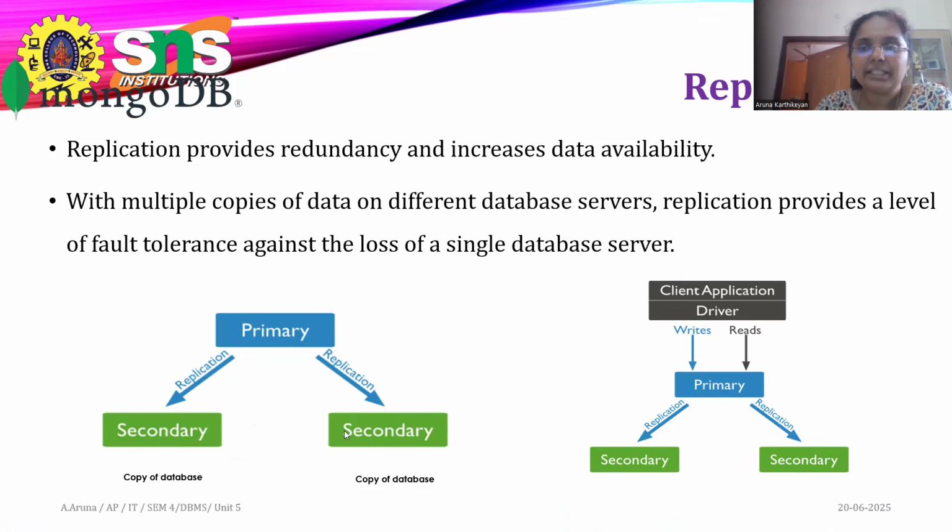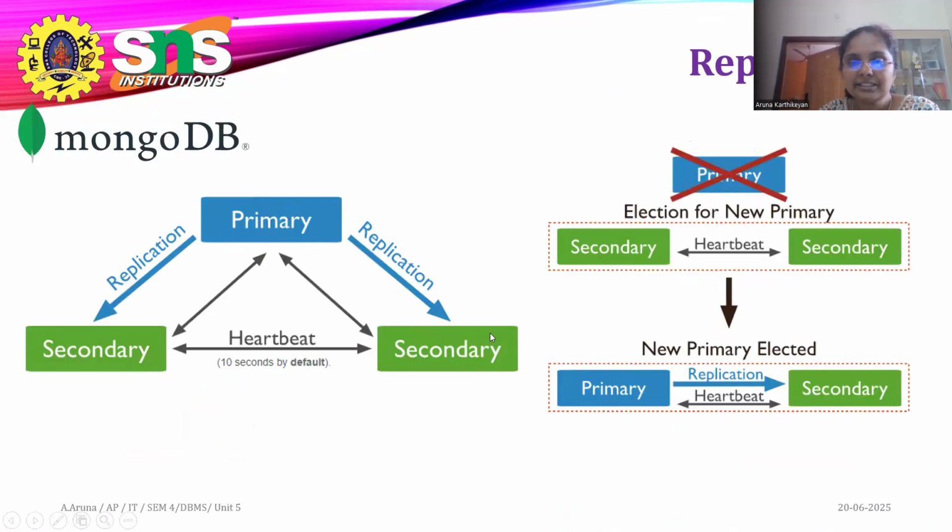This is not possible in SQL by default, though in SQL it is also possible by writing the query itself. But here we can replicate the particular database to whatever level we need. Through that we can read the data and also write the data along with the drivers. So this is replication.